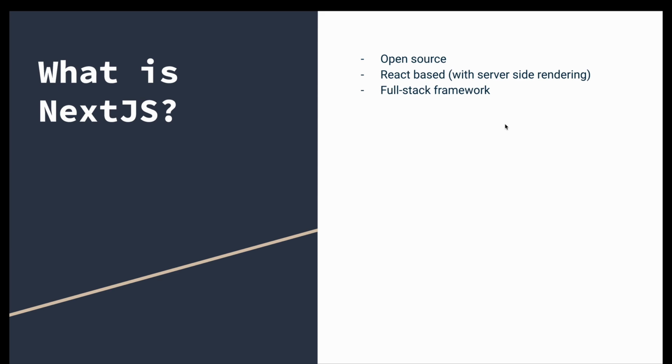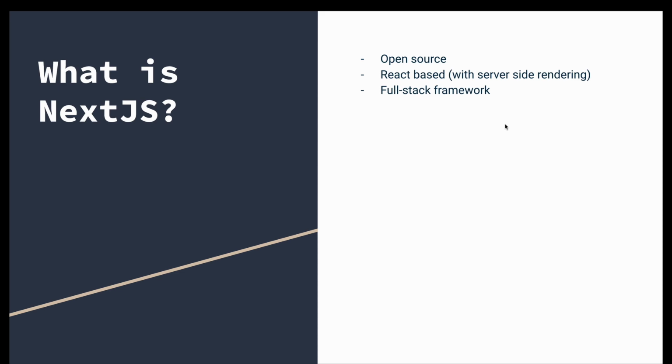A full stack framework allows you to have both the front end and the back end of your application in one place. Usually what we have is a front end app and a back end app. The front end app can be React, Angular, Vue.js, and we have the back end app that can be any language like Java, like Python with Django, or with just Express using JavaScript.